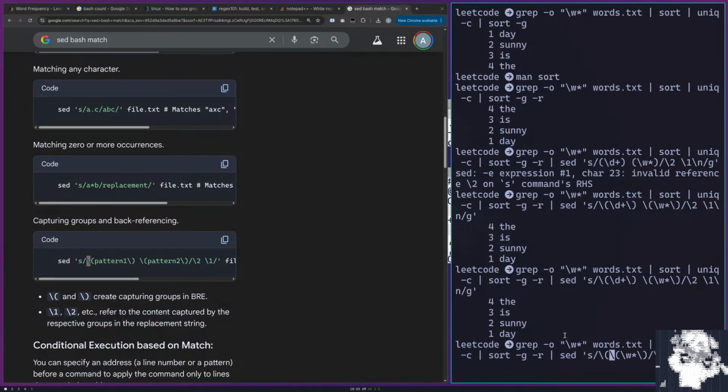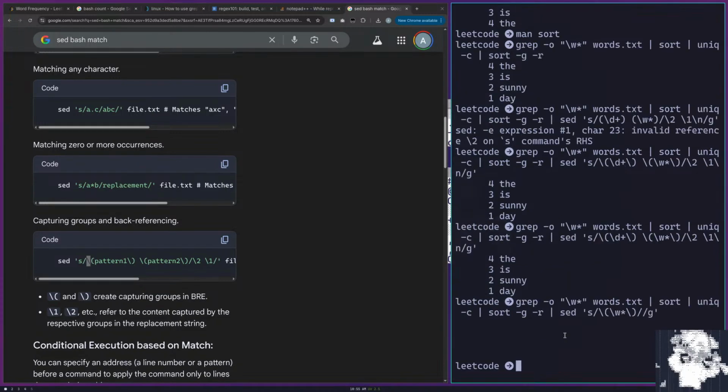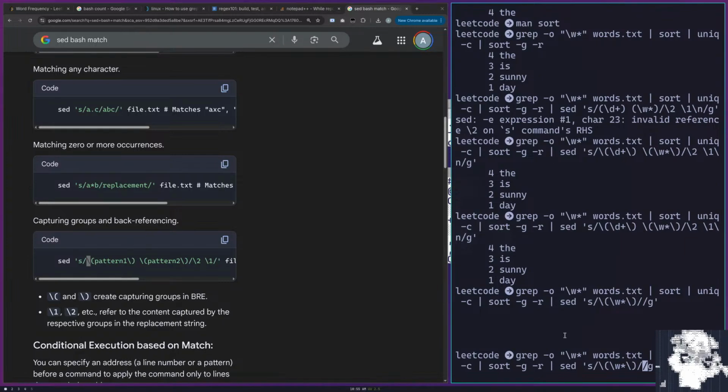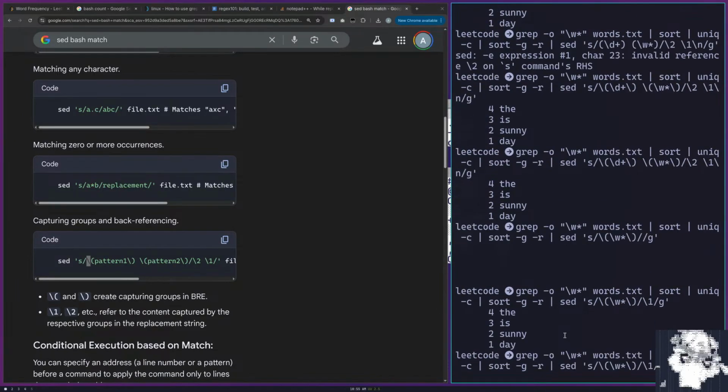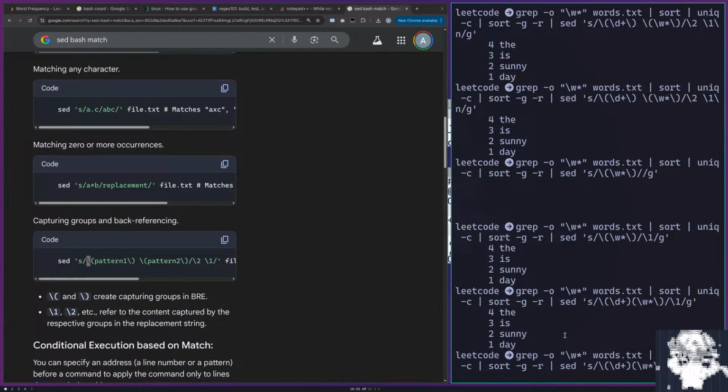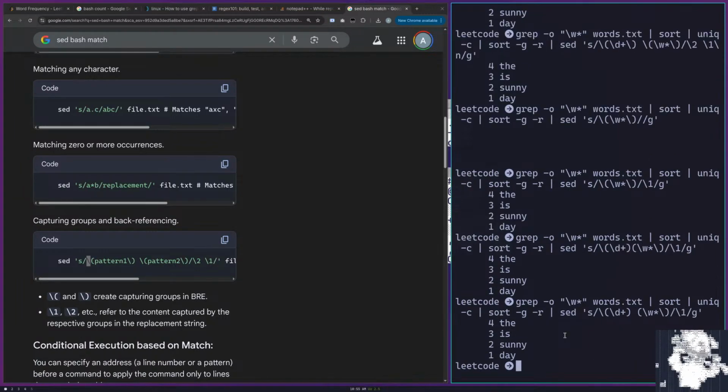Let's just remove the words. That works. Just keep the words. That works. Now, I need a space here.